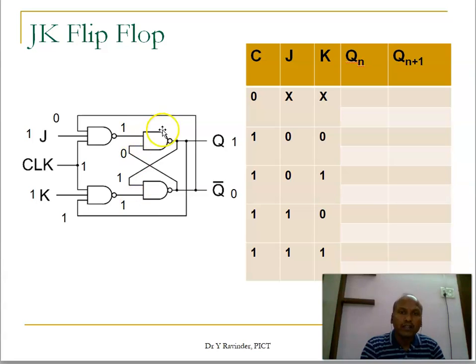We know this is an SR flip-flop. So when the clock is 0, irrespective of what this was and what this was and all that, this becomes 1 and 1. When this is 1 and 1, if this was 1, this will be 0, this is 0, this is 1.